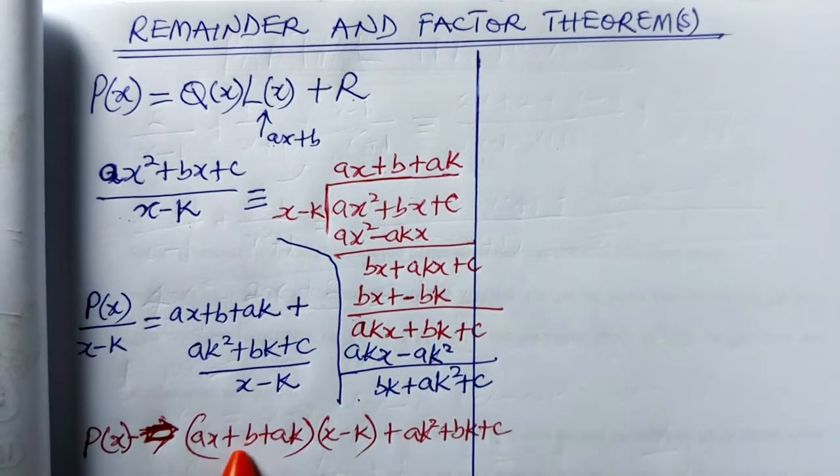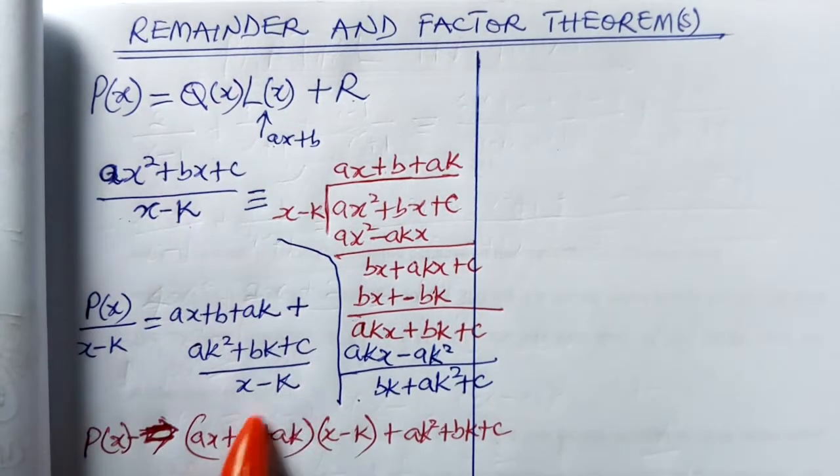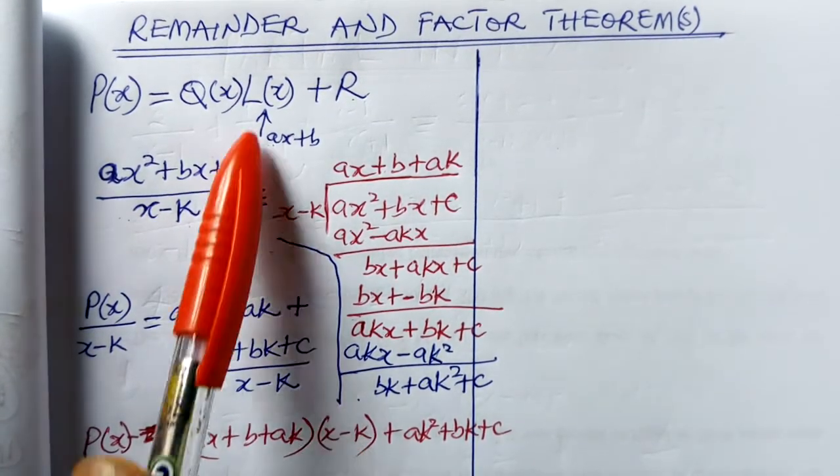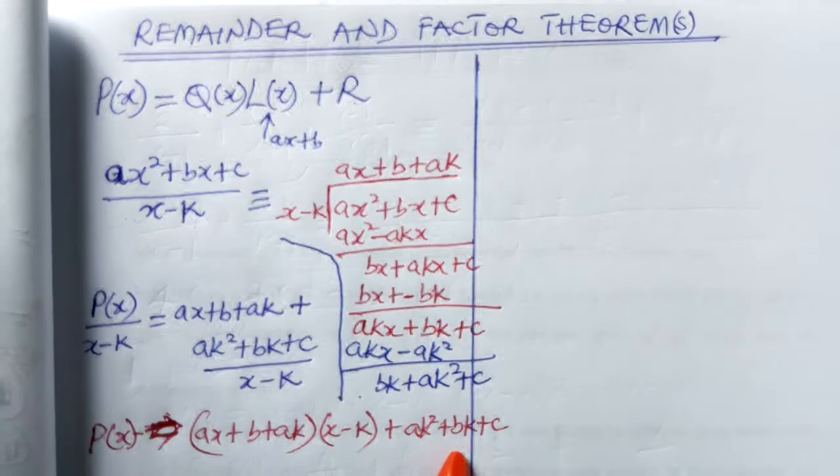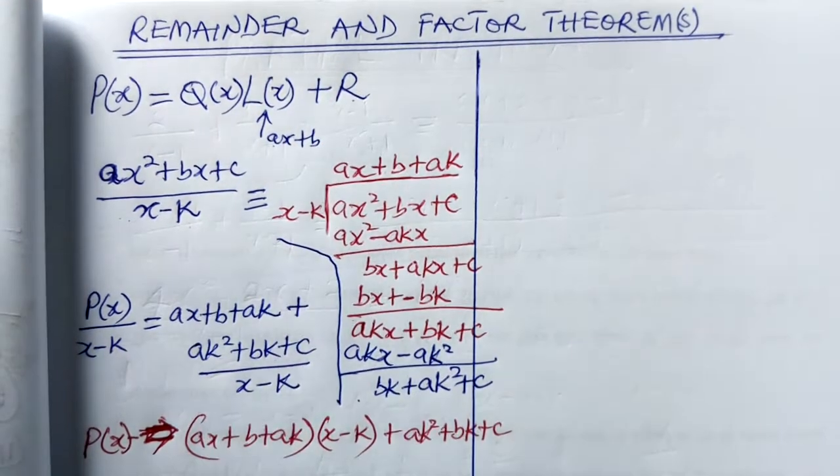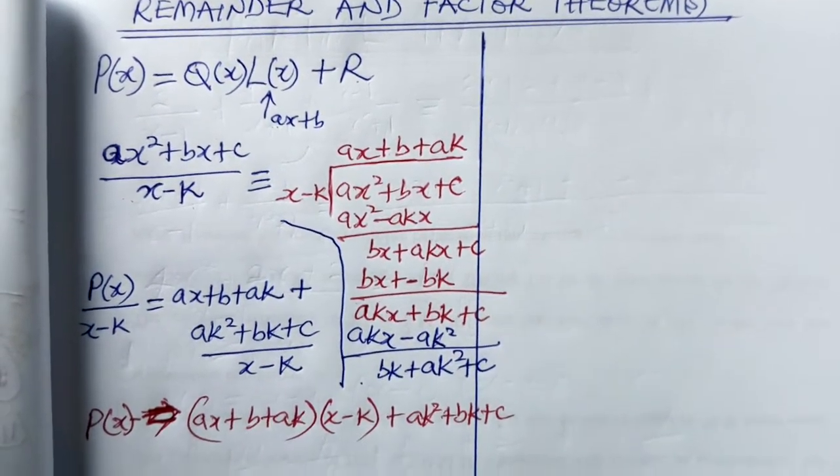So you see that our Q is equal to this, our L of x is the linear divisor, and our remainder is equal to that. So that is how to do it.